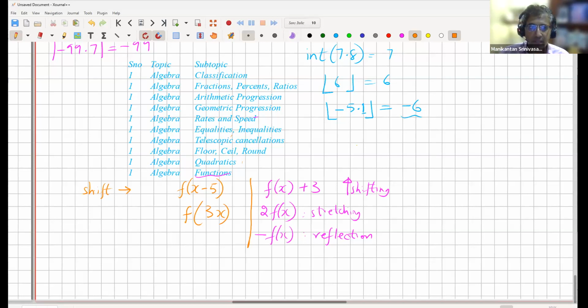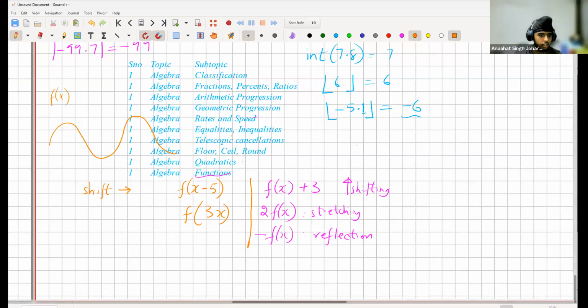Not quite. So for example, let's say f of x is sinusoidal. Then what do you mean by a slope? Let's say f of x is like this. Then what will f of 3x look like? F of x is like this. F of 3x will... How do I explain this?